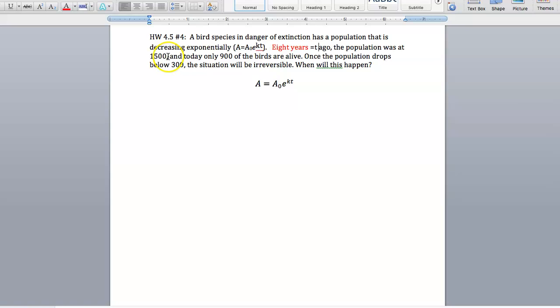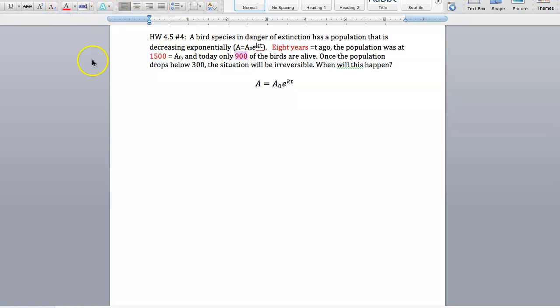The population was at 1500. Well, that's the earliest data that I have. So 1500 at the beginning, that's going to be my A0. And I know that there are 900 birds now, 8 years later.